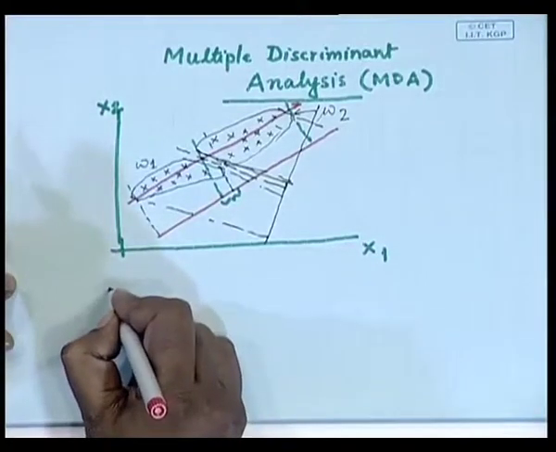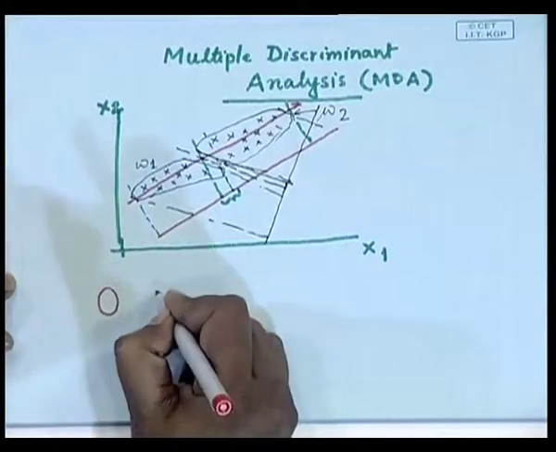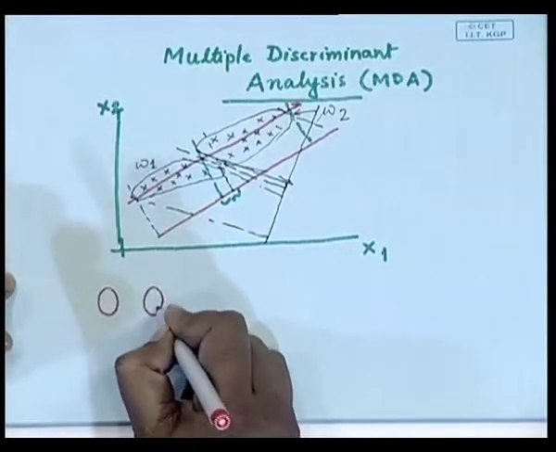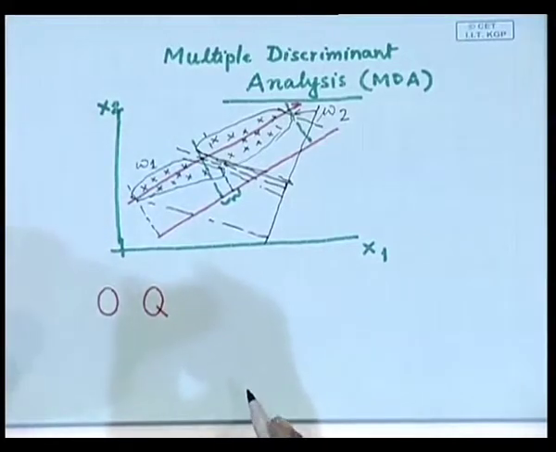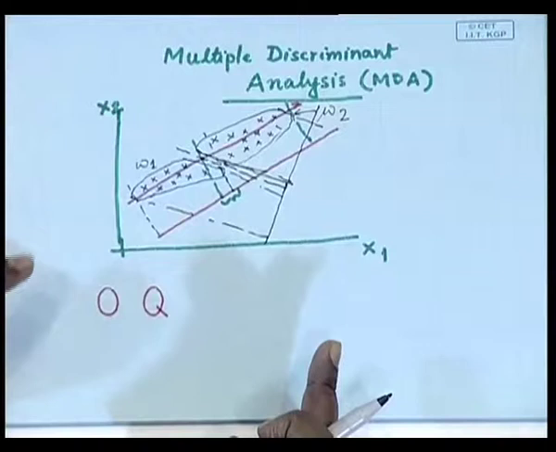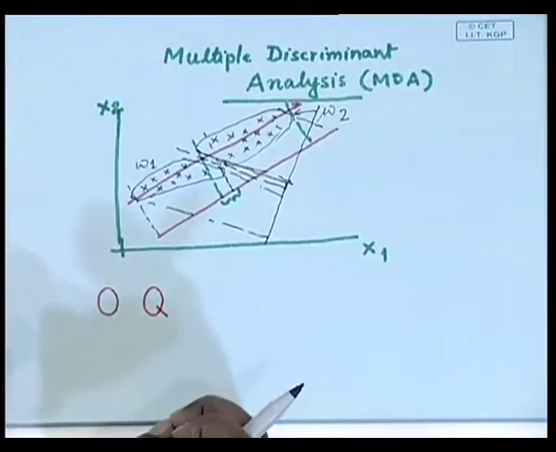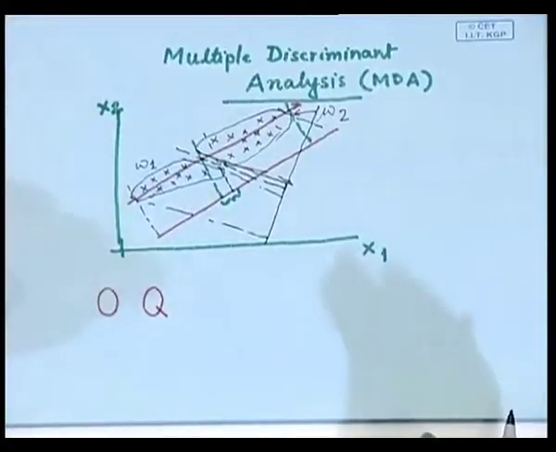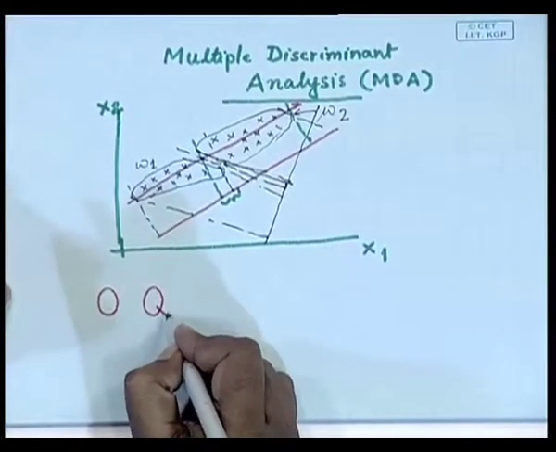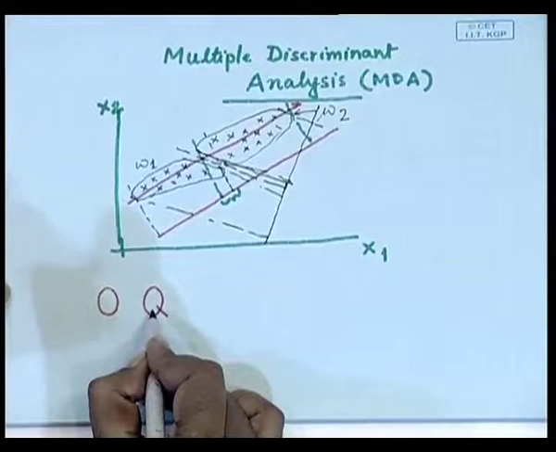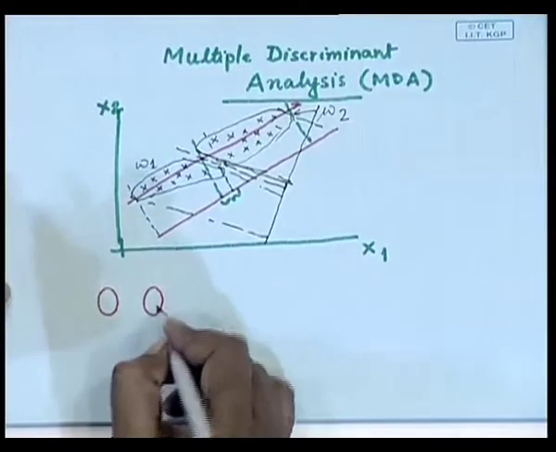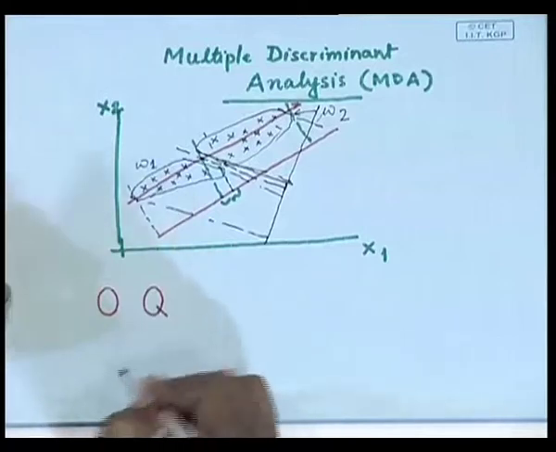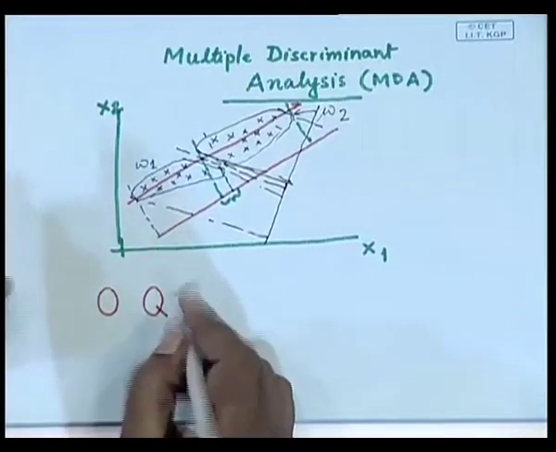One is say printed character O, the other one is printed character Q. When I take the principal component analysis, the principal components try to capture the gross features of the patterns, and while doing so, it may ignore the subtle feature corresponding to this tail, whereas this tail is most important to discriminate between O and Q. Principal component analysis may ignore the feature corresponding to this tail part, and unless I have that information, I cannot discriminate between O and Q.